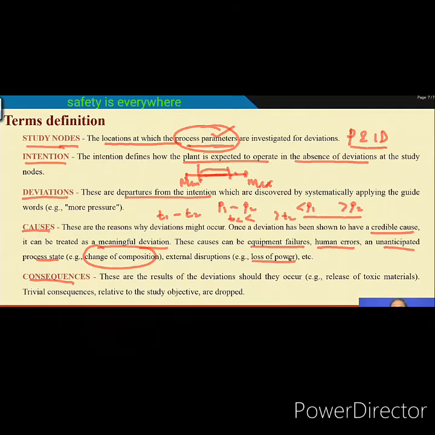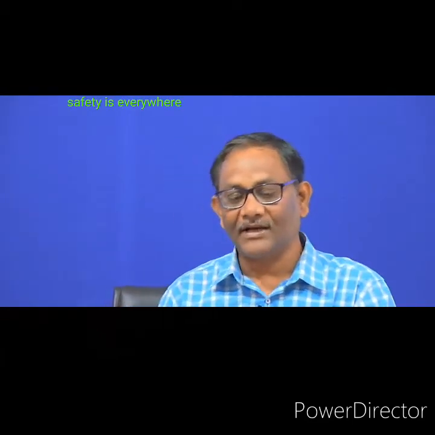Okay. So, as I told you, if overpressure is the deviation, then obviously the immediate cause is pump overrun. Then if you dig down further, the pump overruns because the pump is allowed to run more, meaning the contact is not separated and current to the pump is given for more than the design time.